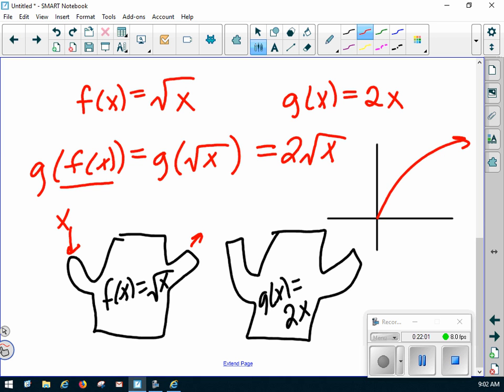So what's going to spit out here? So what goes into g? Square root x. And that's why I wrote this. Square root x is going into g. That goes in, and remember, it kicks the x out and replaces it with this. So 2 times the square root of x is what's going to come out.